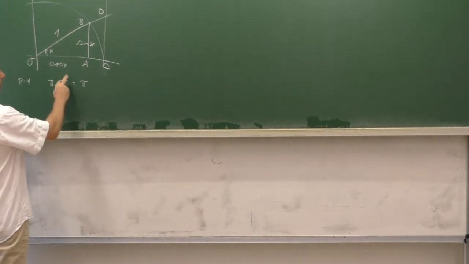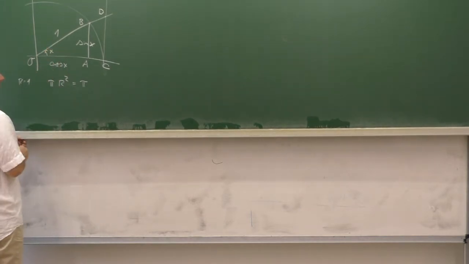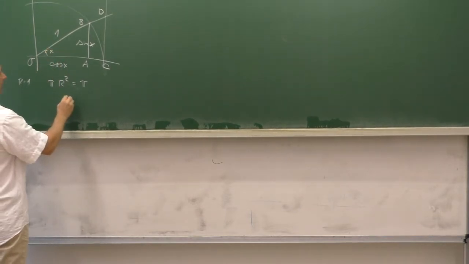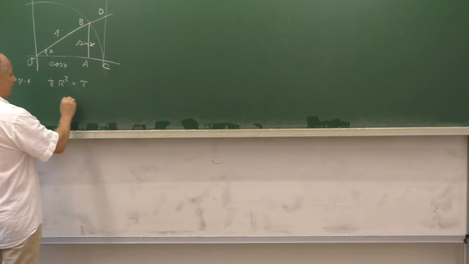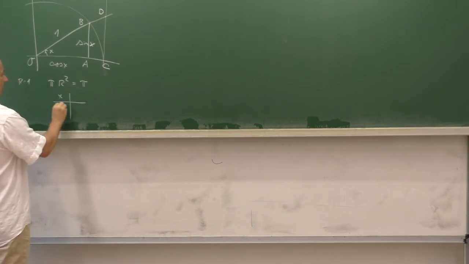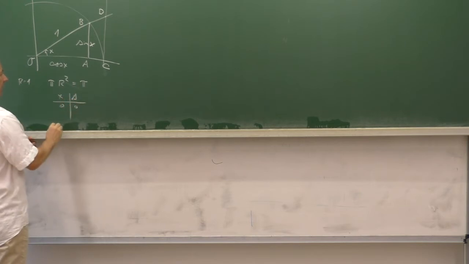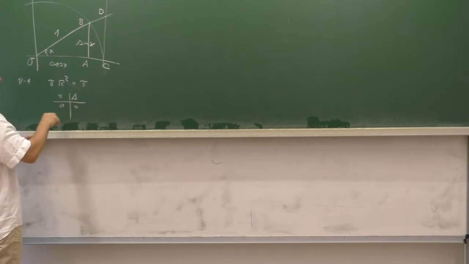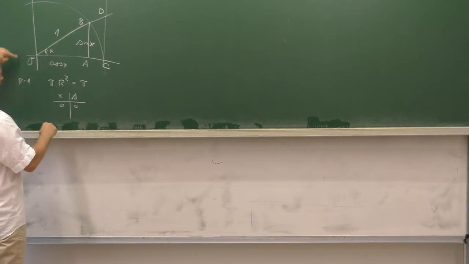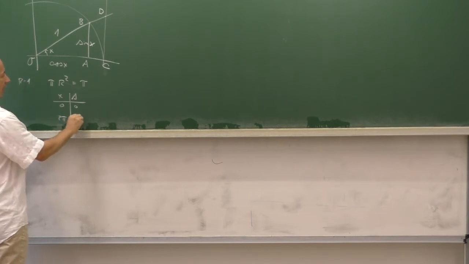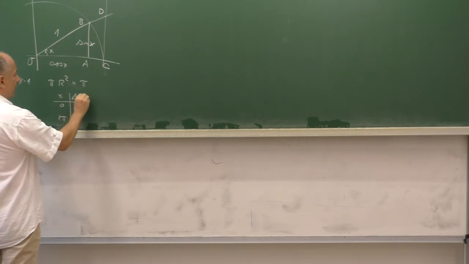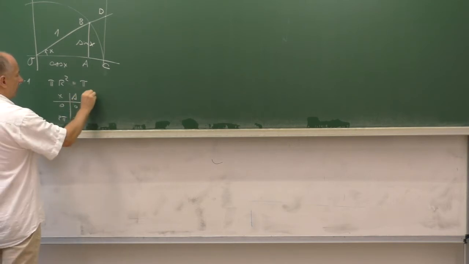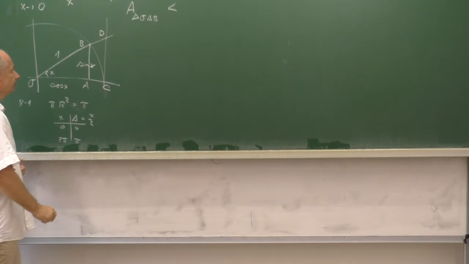And if we have the angle x, then the area is proportional to x. For x is 0, the area is 0, and for the whole circle, 2 pi, the area is pi. So for a general x, the area is 1/2 of x.